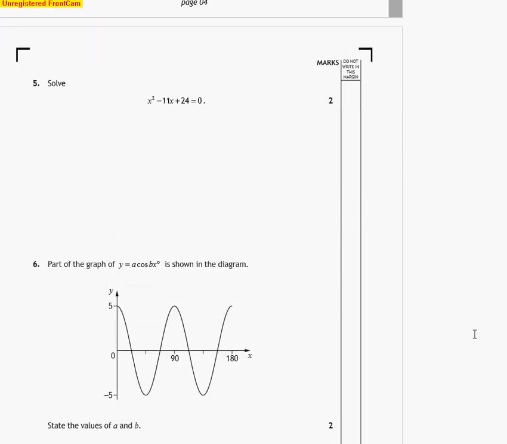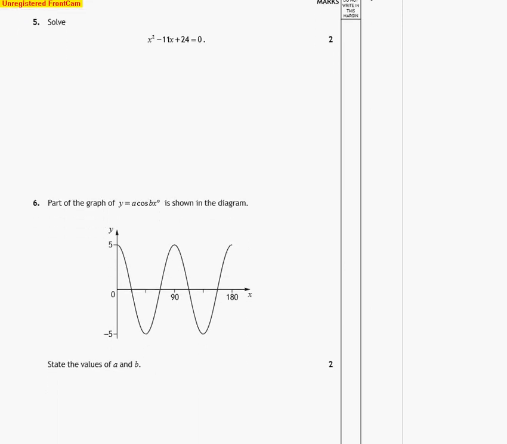Question 5. Scroll down a little bit. Solve. So first of all, what does solve mean? Solve means we're finding what x is. There are 2 obvious ways to do this. Whenever you see a question like this, you could use your quadratic formula: minus b plus or minus the square root of b squared minus 4ac, all divided by 2a.